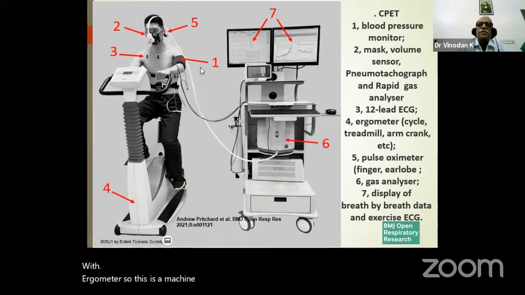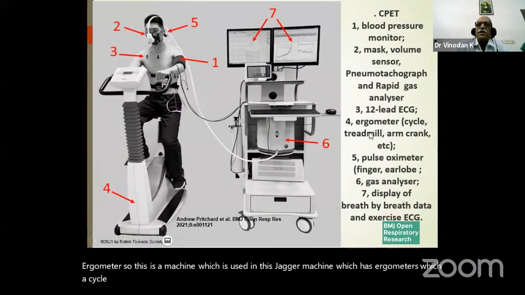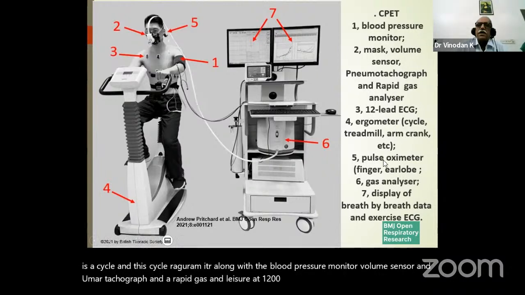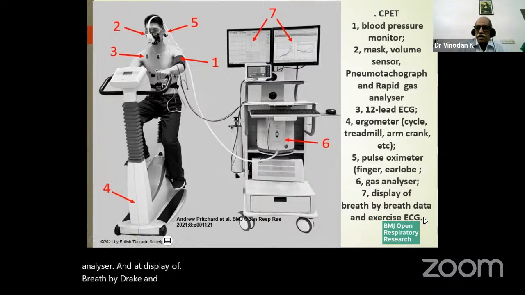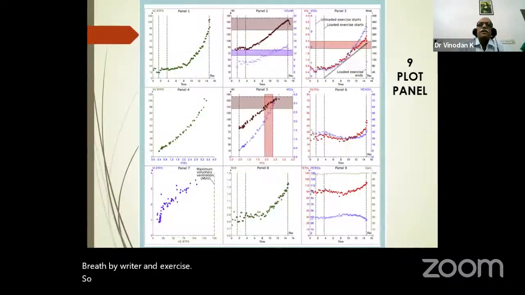It is a Jaeger machine which has an ergometer, which is a cycle, along with a blood pressure monitor, a volume sensor, a pneumotachograph, a rapid gas analyzer, a 12-lead ECG, a pulse oximeter, and a display of breath-by-breath data and the exercise ECG. So it gives you a 9-plot panel.